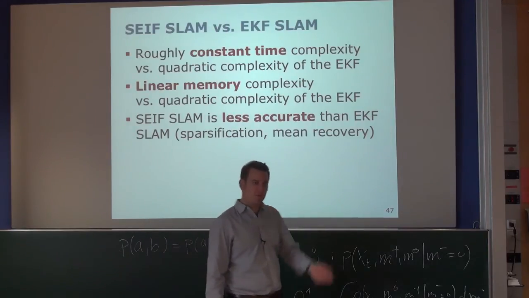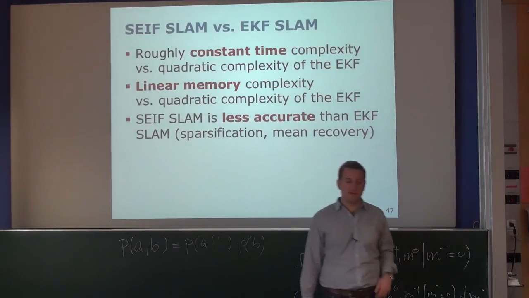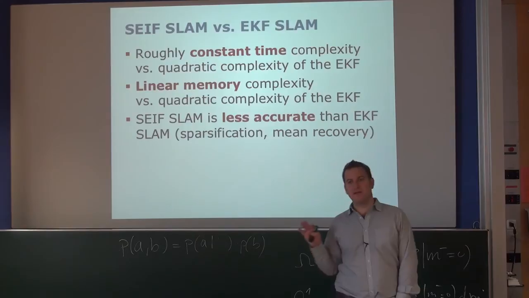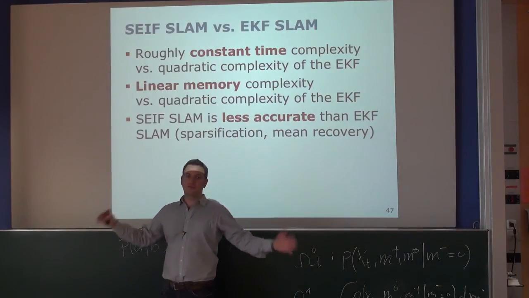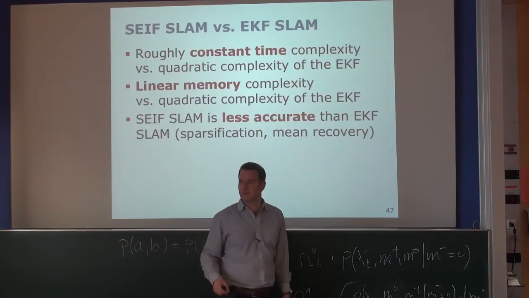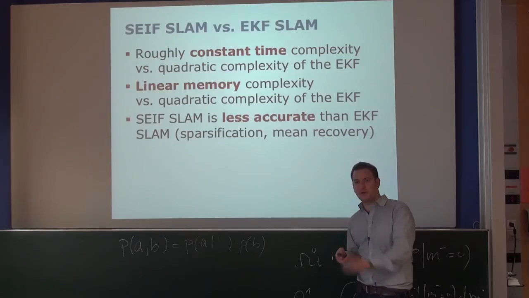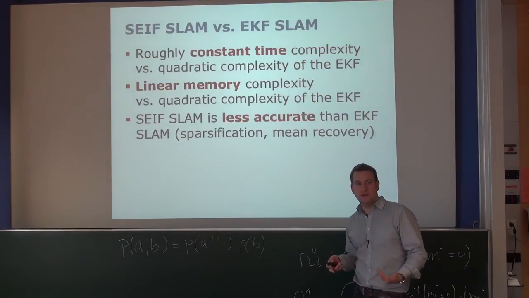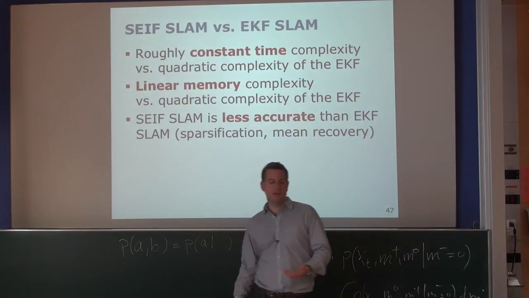Therefore, it's constant in every step, but I have a linear memory complexity. That is still better than the quadratic memory complexity that the EKF requires, because it needs to store the full dense covariance matrix. Since I only need to store a sparse matrix, I get linear memory complexity compared to the quadratic complexity of the EKF.